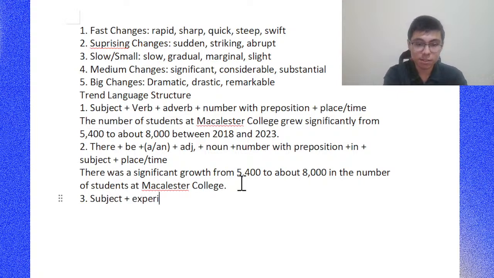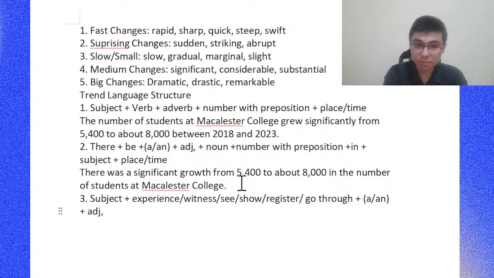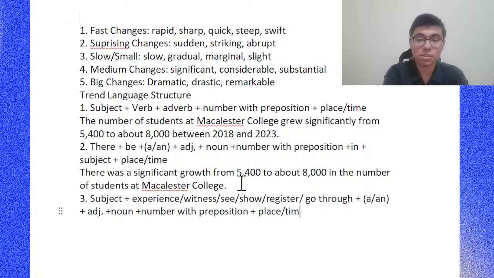For example, experience or witness, see, show, register, and we can also use go through, plus an, and after that we're going to put adjective plus then we have noun, and after that we have number with preposition, and after that we will put a place or time.